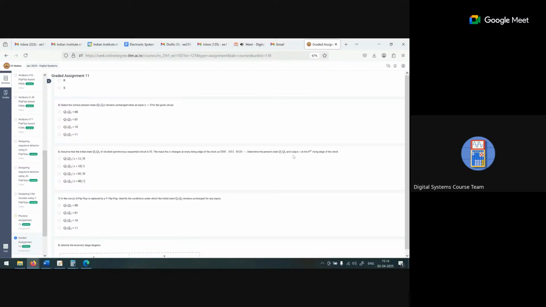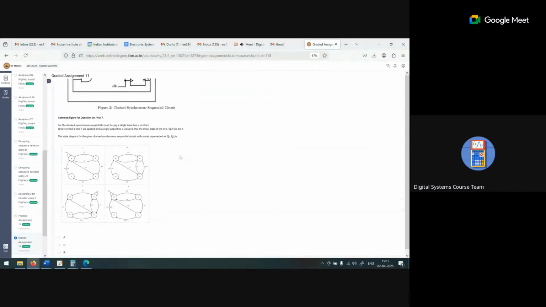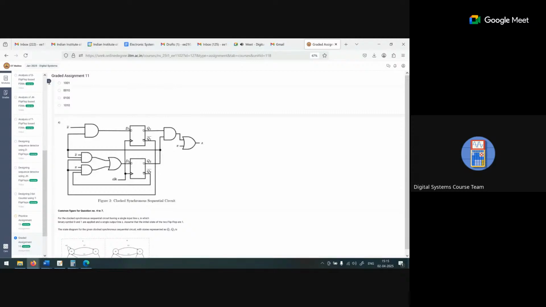First clock pulse, then Z. Let's assume that Q1 is 0 and Q2 is 0. I just take one clock pulse.